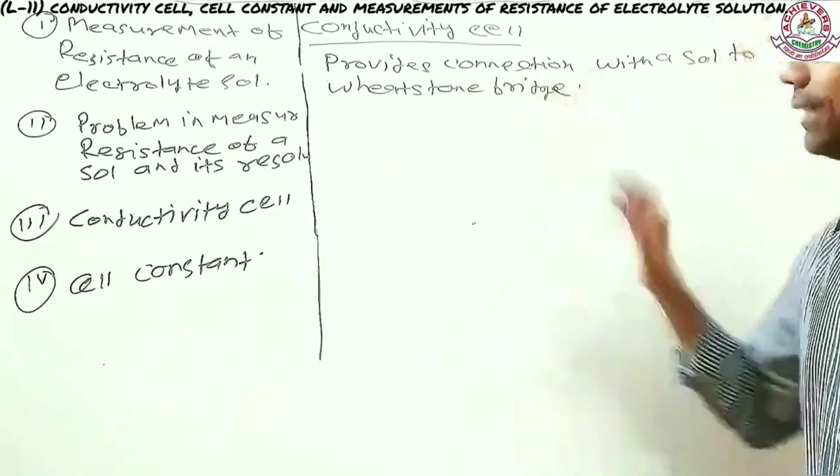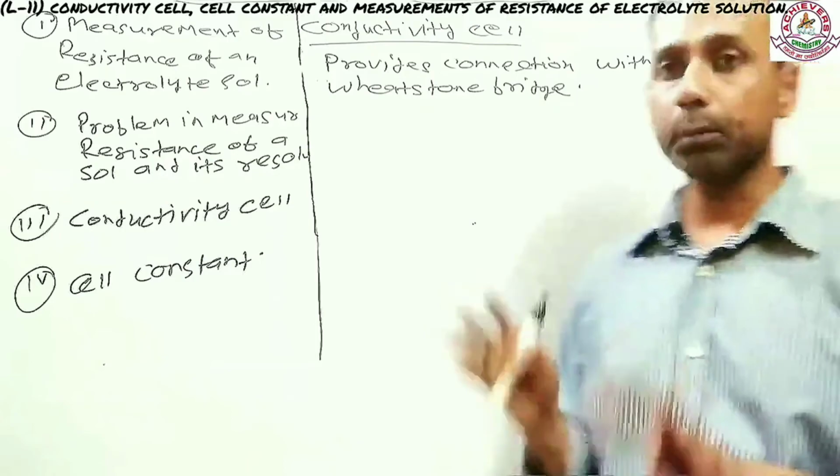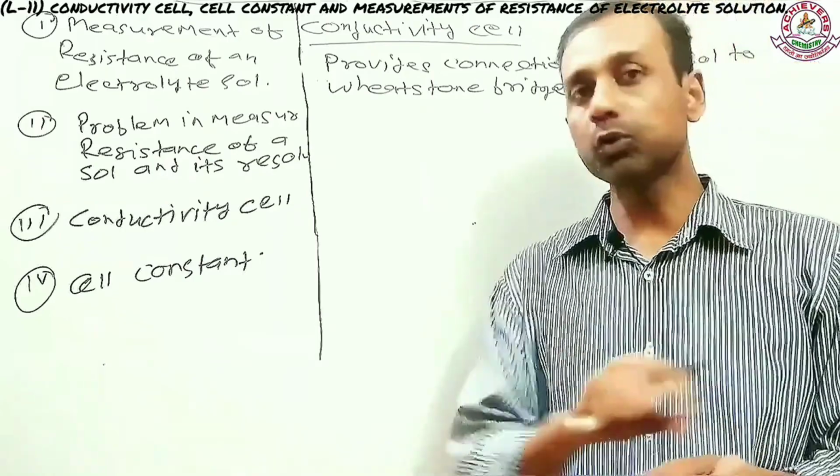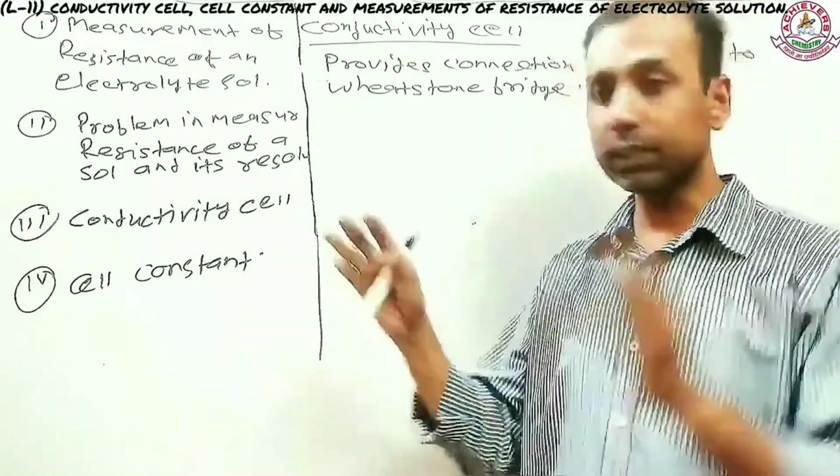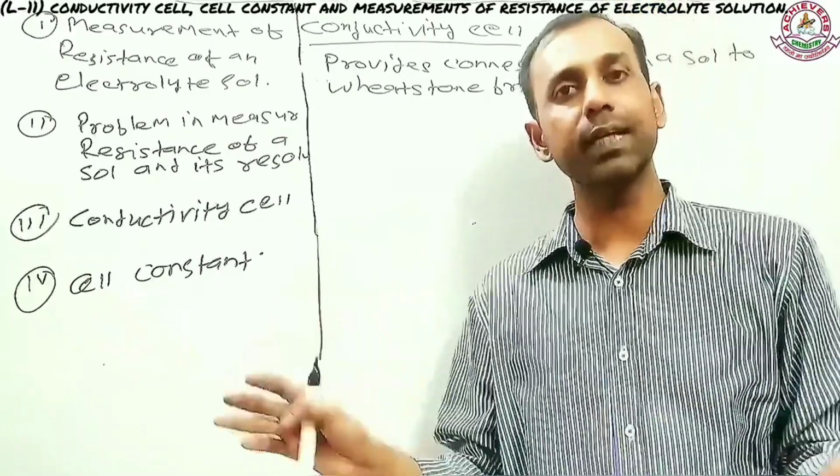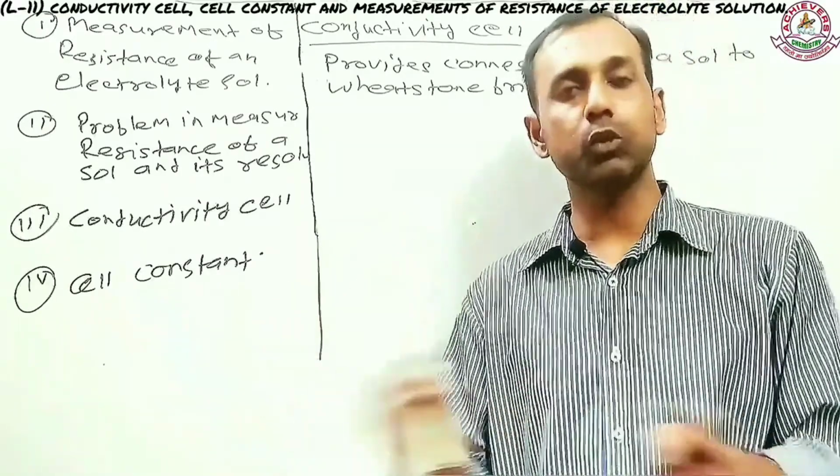Let me repeat. This is an instrument which resolves the problem of how you are going to connect it. Now you have an instrument, you can place that solution inside it, and then you can easily connect the Wheatstone bridge to that.